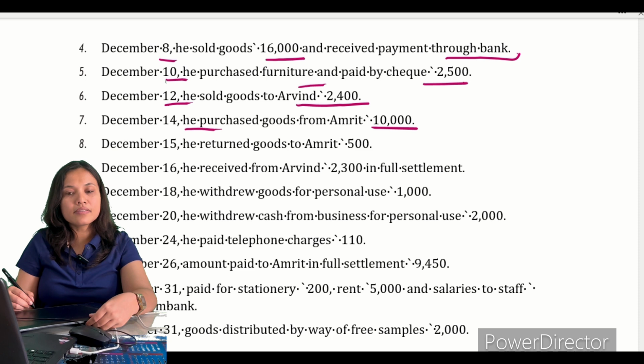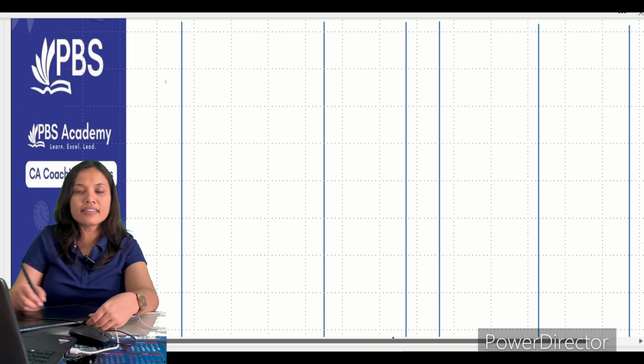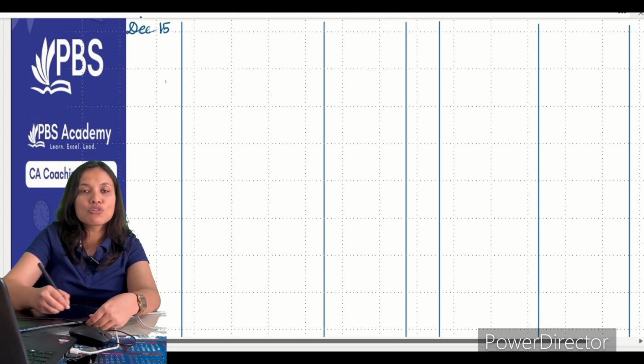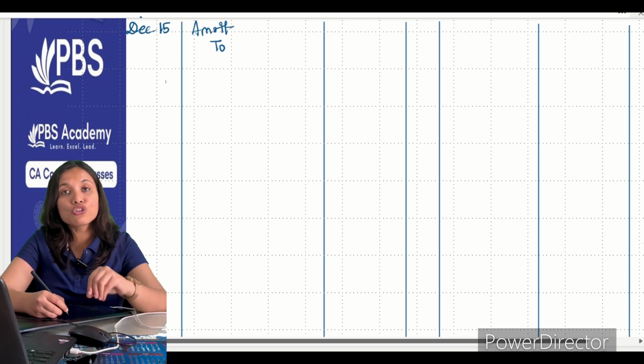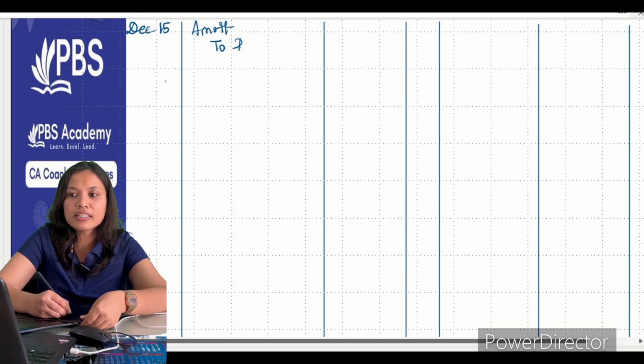Okay, clear? Moving on to the next one, December 15, he returned goods to Amrit, 500. Amrit is here the receiver. Because we have purchased, we have returned it. So it is purchase return.